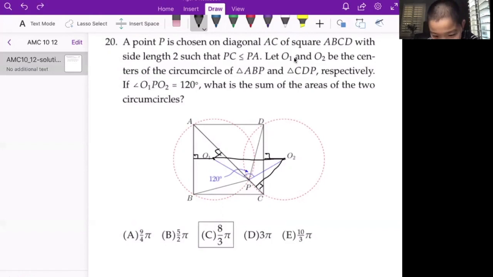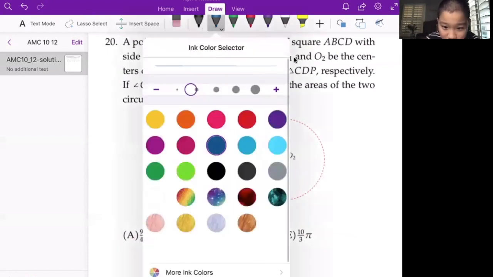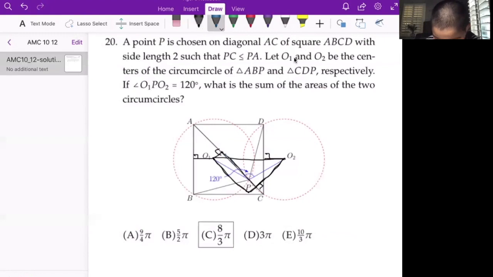So we can actually draw an extension that meets this line right here. But why is this useful? Well, it actually turns out that, so here's a rectangle. But what is the length of this line?